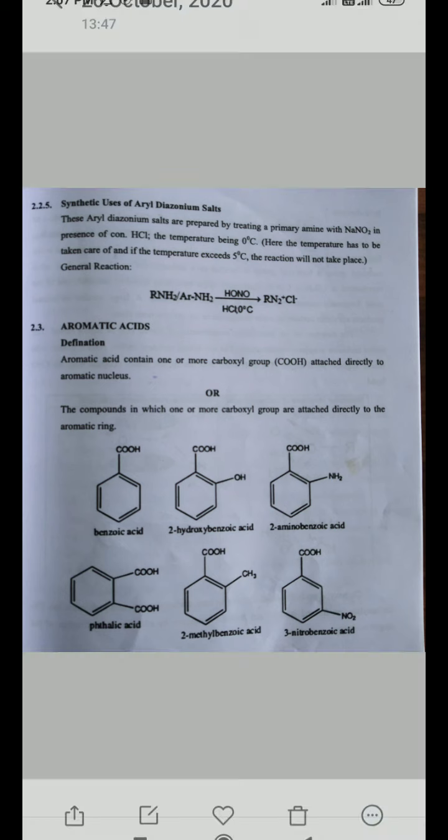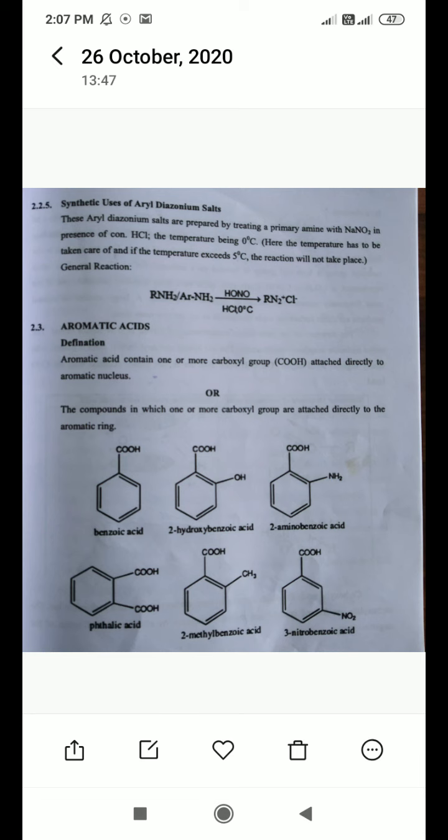How does the structure of benzoic acid look? Just look at the screen where you can see the actual benzoic acid structure. Benzoic acid means a benzene ring is attached with a carboxylic functional group, that is COOH. This is the carboxylic functional group. So this is benzoic acid.